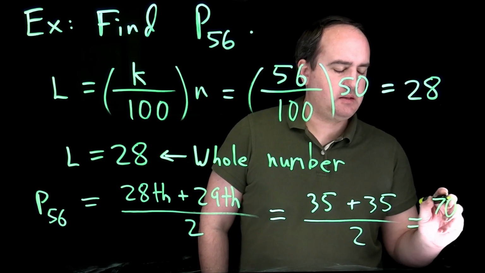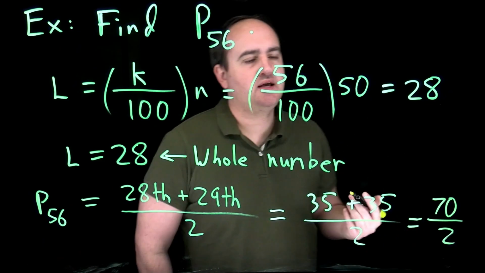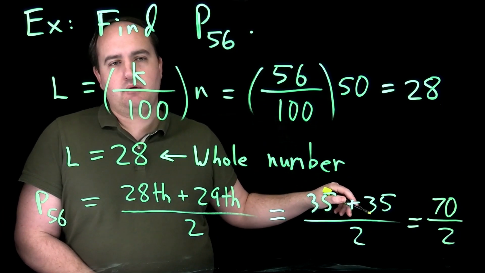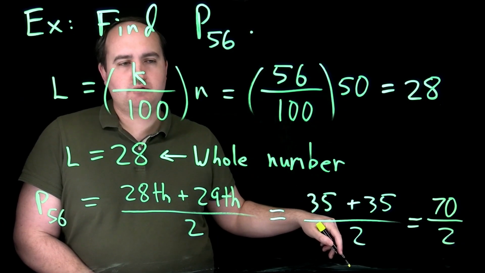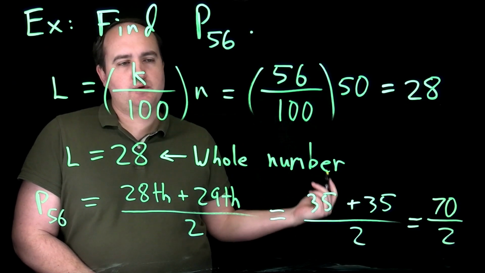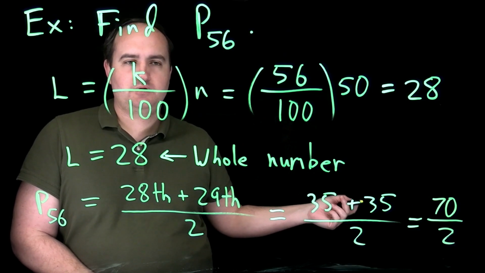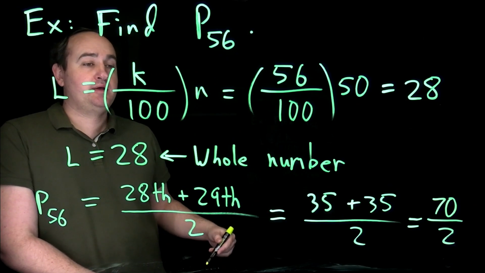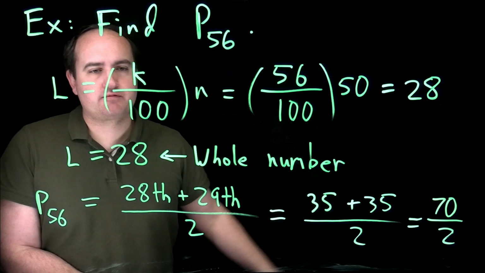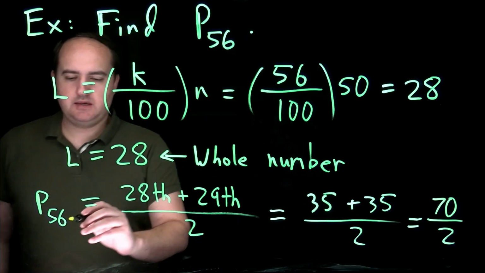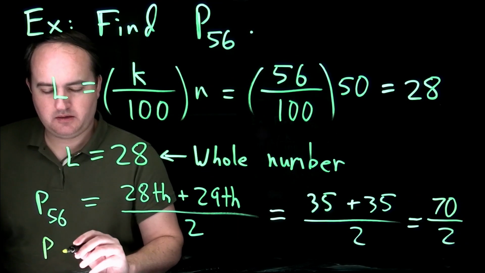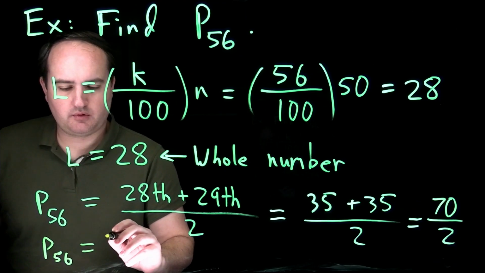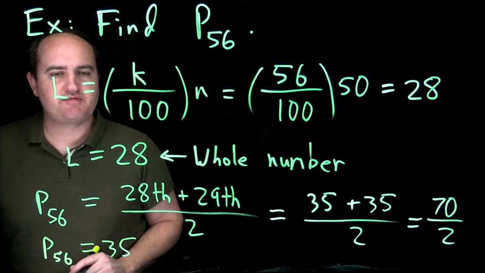But the thing is, if you add up 2 of the same number and then you divide by 2, that's the same as doing 35 times 2 divided by 2, so the 2's cancel. 70 divided by 2 is going to give us 35. Okay, so here we've calculated P56 is actually going to equal 70 divided by 2, which is 35.